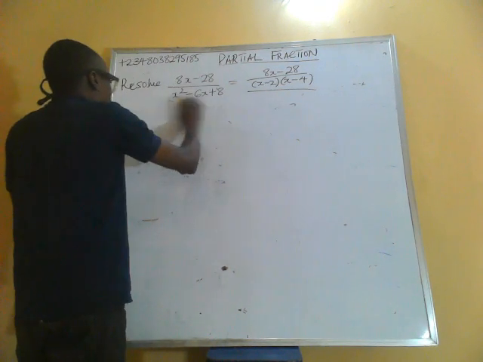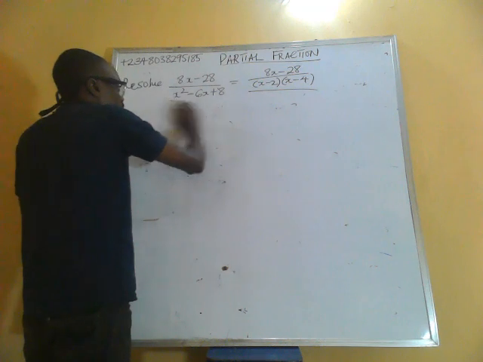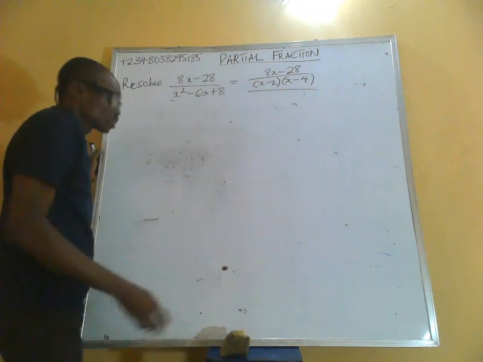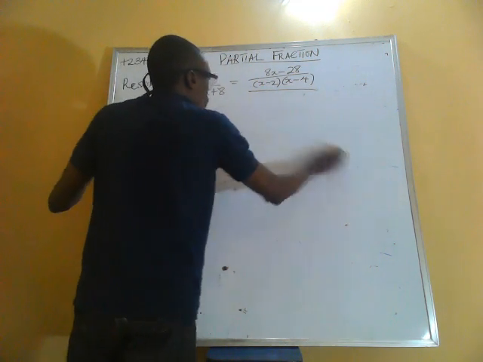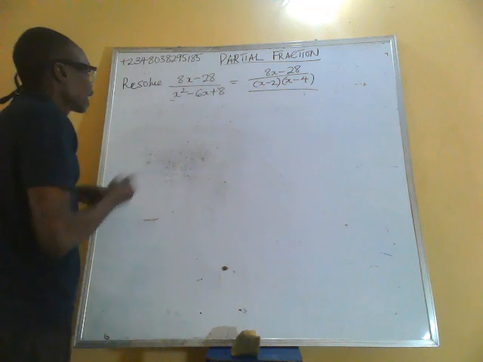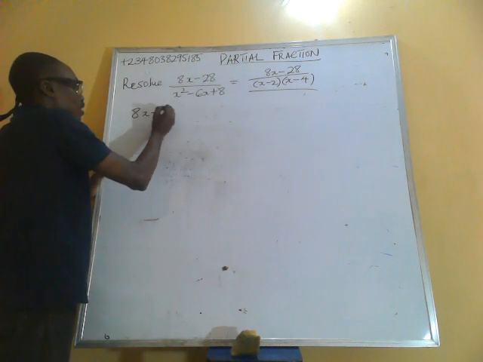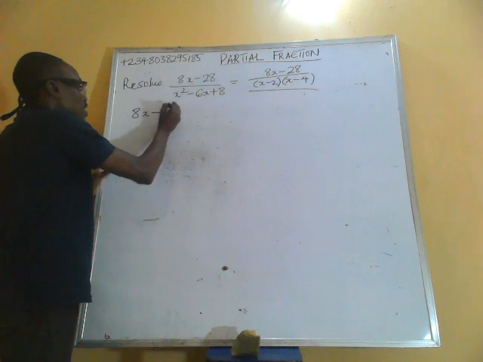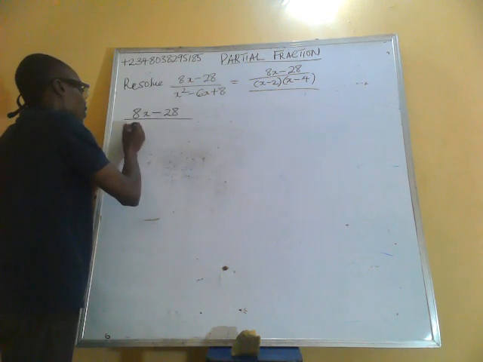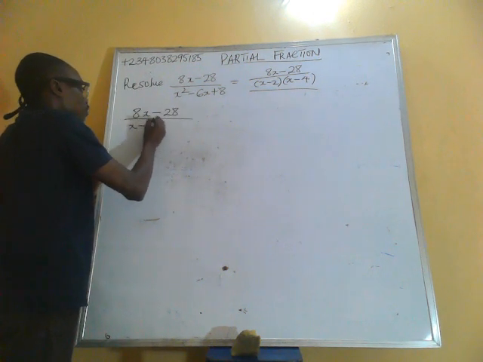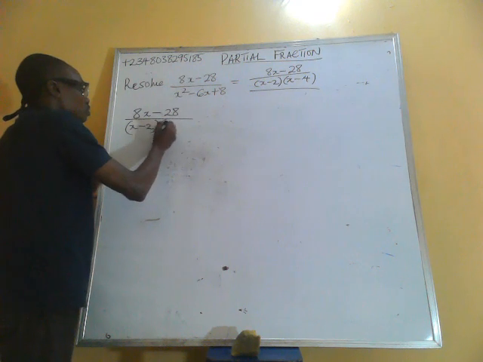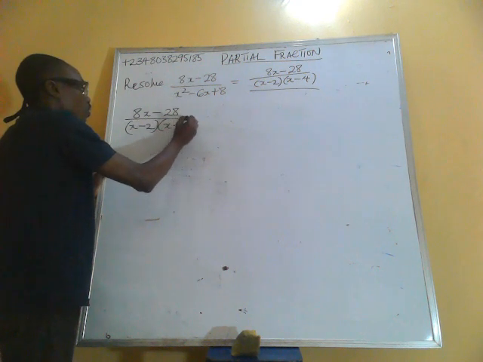When you have your pen and your notebook, you can easily make a comprehensive note that you make reference to later on. So right now we have 8x minus 28 over x minus 2 into x minus 4.